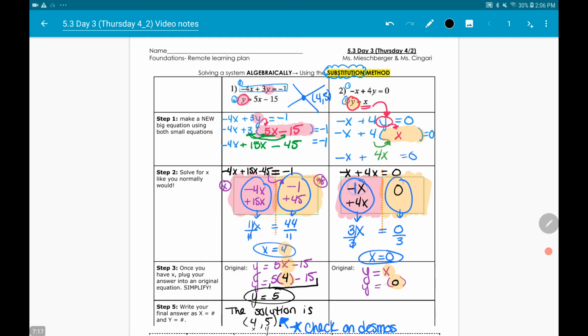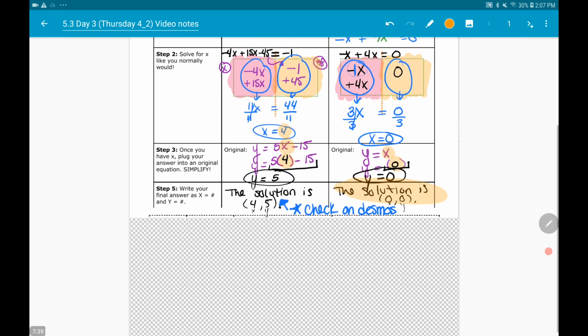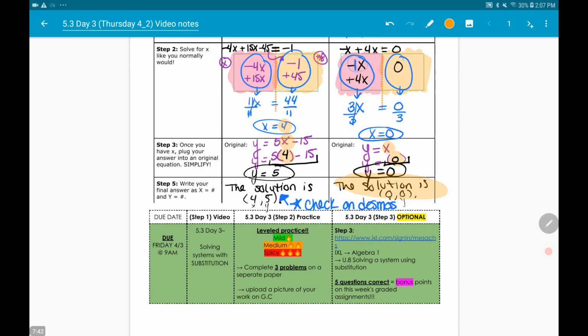Now when I simplify, I just get y is also equal to 0. So my solution is 0, 0. Here's a bonus question for you. Where is 0, 0 on a graph? It is the origin. Good job.